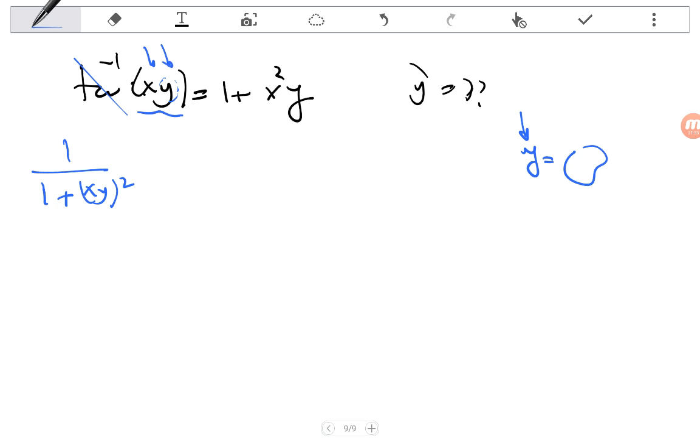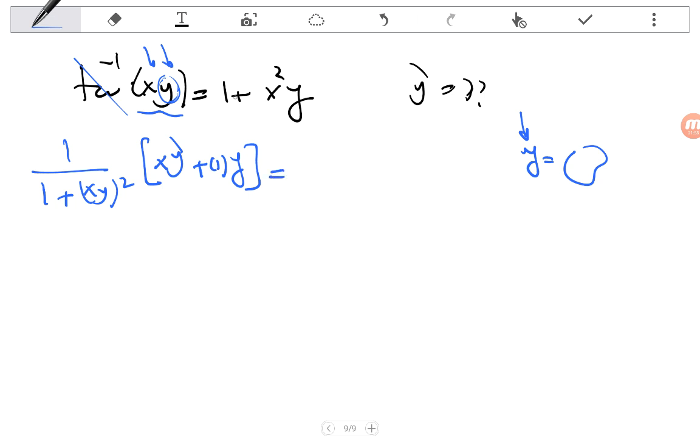This is a product in this case. Why? Because there is x inside the y. So we have a product rule. I will make a bracket for the product rule because I have two terms. The first times the derivative of the second. What is the derivative of the second in this case? It is y dash, plus the derivative of the first, which is 1, times the second as it is, which is 1.